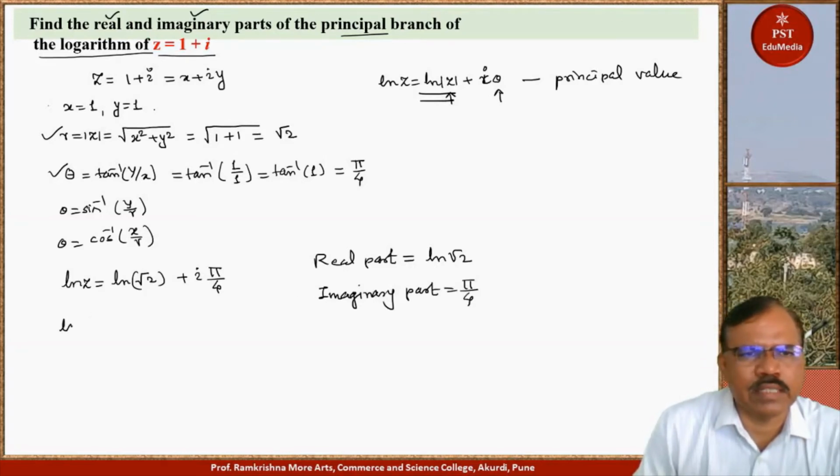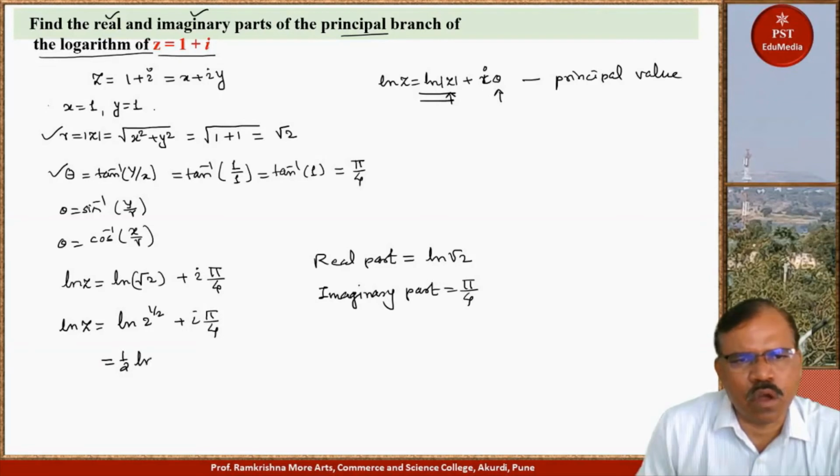Now I can write this as log z equal to log 2 raised to 1 half plus i pi by 4. So you can write this as 1 half log 2 plus i pi by 4. This is log z. This is the real part, and this one is the imaginary part.